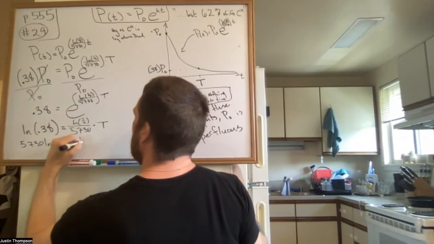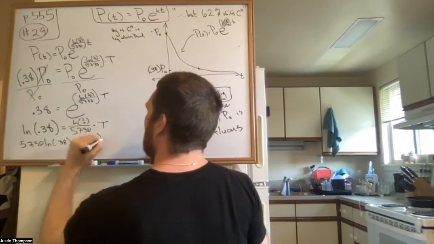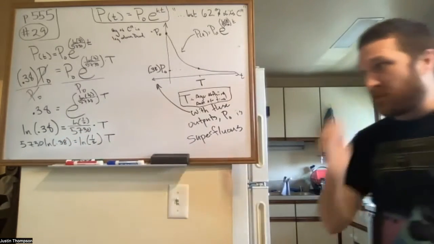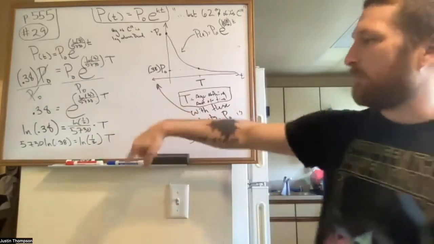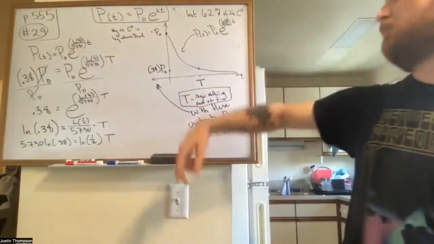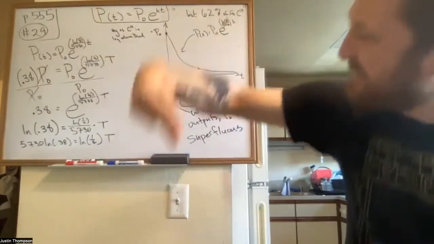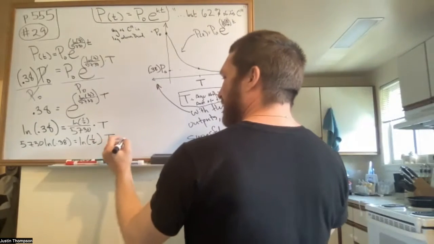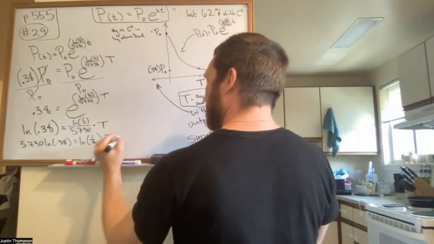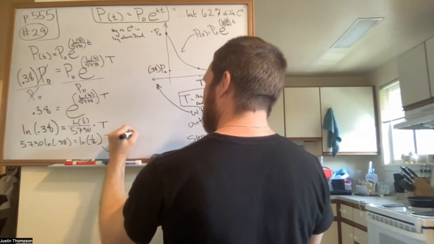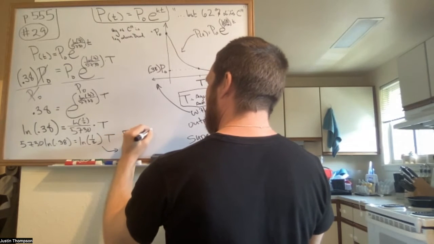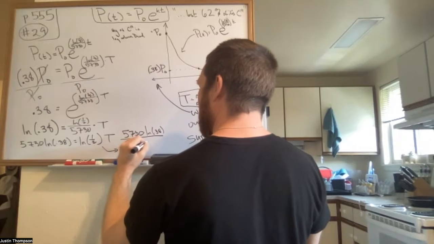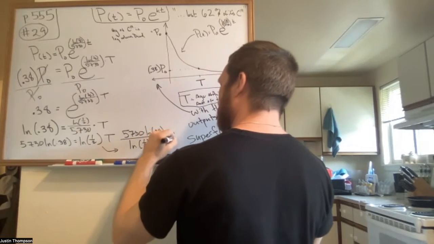If you didn't do it this way, it's perfectly fine, but that's usually how I do it. Then I bring the thing in the denominator up into the numerator and the thing in the numerator down into the denominator. That gives me, I'm just going to write it right here, 5730 natural log of 0.38 over natural log of 1/2 equals big T.